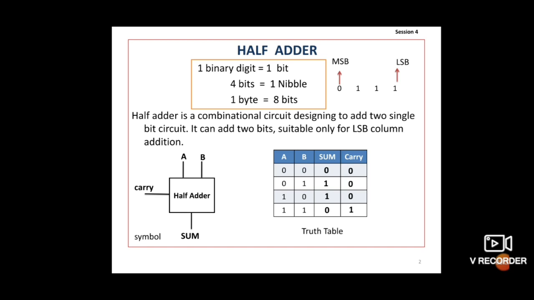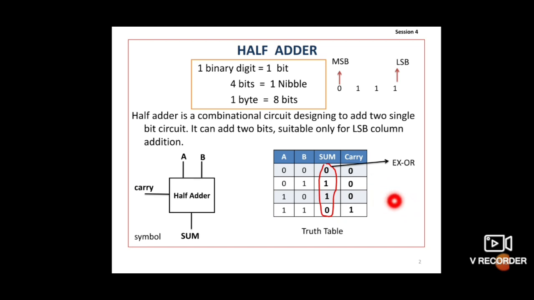Now see this sum output, 0 1 1 0. This is nothing but an XOR. One more method is the K-map. Using a K-map we can find the Boolean equation of this truth table and draw the circuit diagram.